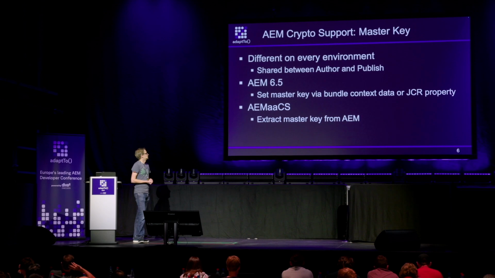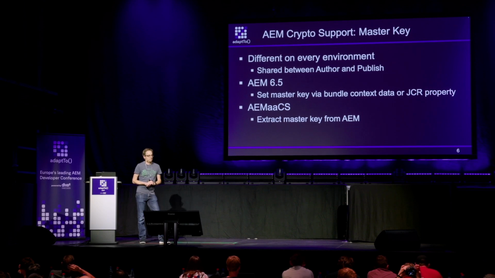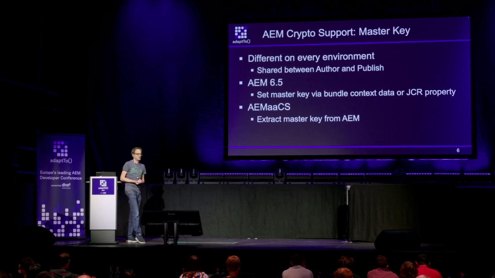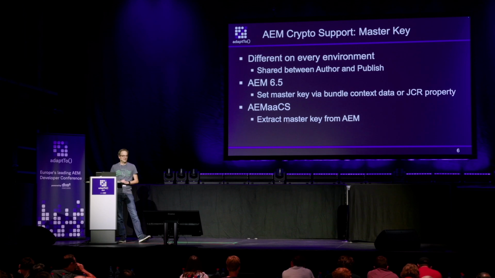AEM as a cloud service is different, so there you do not have the possibility to affect the master key, but you can still extract it. I recommend the great Groovy console from Roy to do that. In the README on GitHub, there are some hints on how you can actually achieve that.